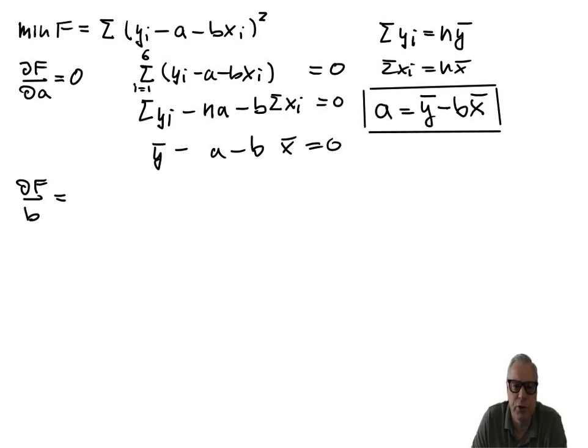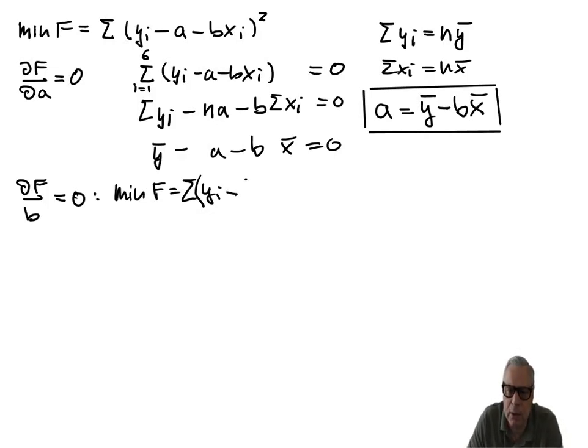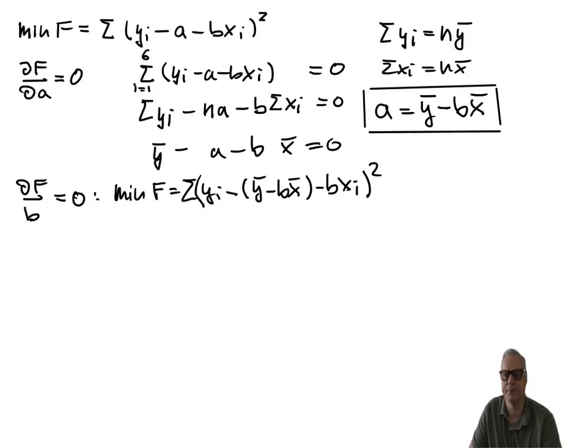So what we want to derive is, actually, we start now with min f equals the sum of yi minus, and for a I now write y bar minus b x bar, minus b xi, squared. Okay, so we just replaced a with the b.